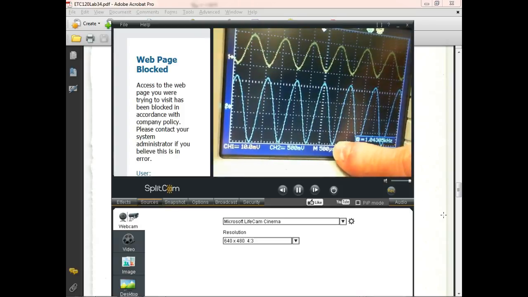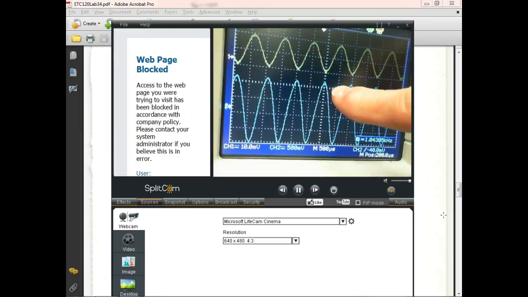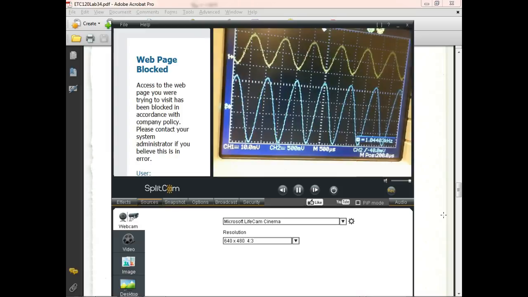So that's 1, 2, 3, 4.4 divisions. It's 2.2. Right? Everybody okay? Yes or no? Did I say that right a while ago? So what's the gain?